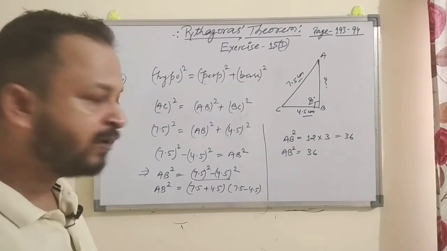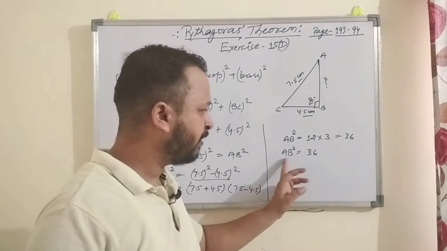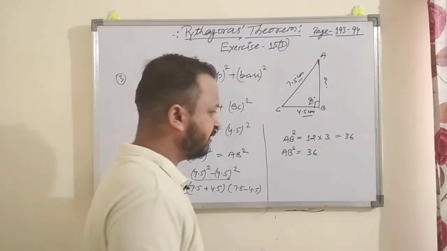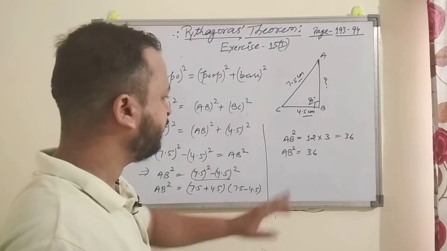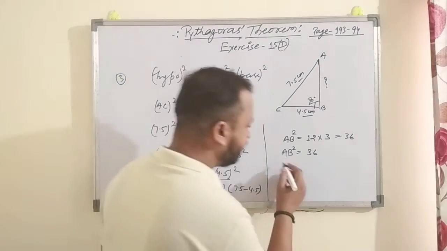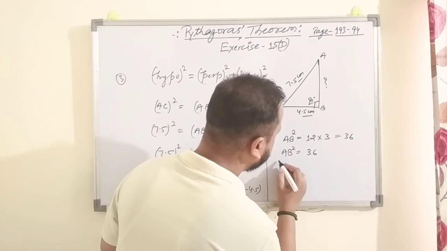So now when we take the square root of both the sides, I'm just elaborating this method in this question and after that we'll do it directly, right? So just look carefully. If we take the square root of both the sides, right?